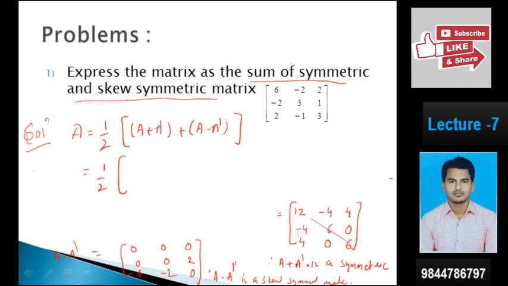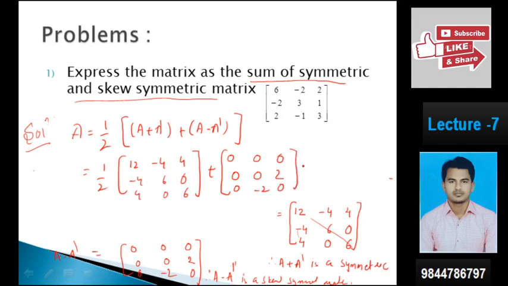This is A plus A dash: 12, minus 4, 4; minus 4, 6, 0; 4, 0, 6. And A minus A dash: 0, 0, 0; 0, 0, 2; 0, minus 2, 0. Okay, the big bracket will be closed because I still need to multiply with 1 by 2.